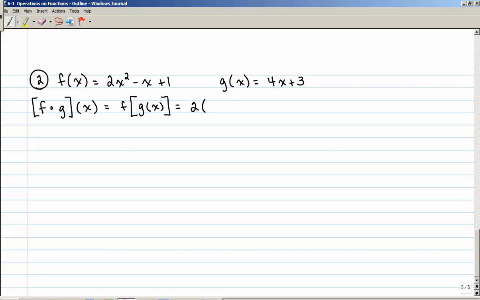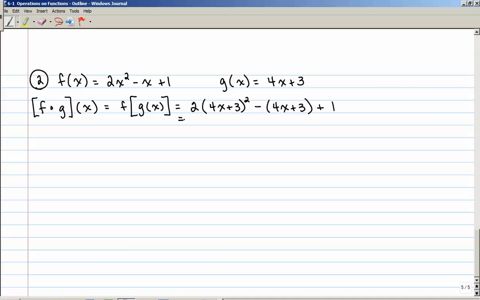So it's going to be 2 times, now x, I'm putting in 4x plus 3 in for x, and then that has to be squared. Minus x, and then for x I'm going to put 4x plus 3, and then plus 1. So again, I start with f of x, and wherever I see an x in f of x, I'm going to plug in g of x.